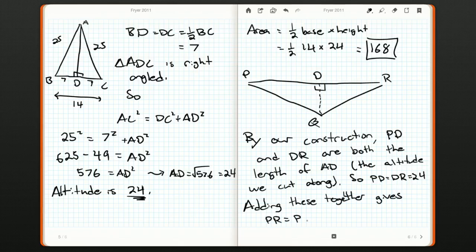So if we want PR, which the question asked for, we just need to add these together. 24 plus 24, that's 48.